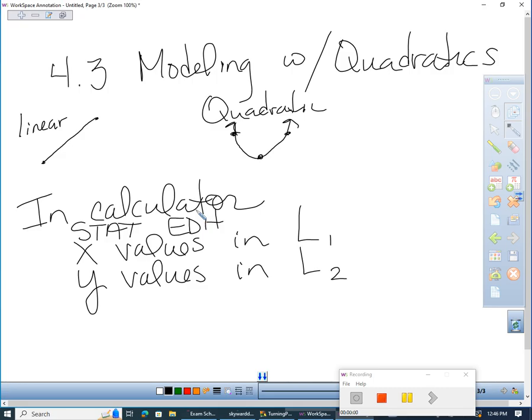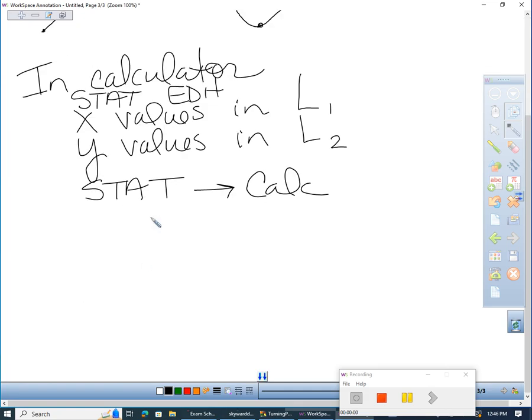Now that we're back on the same page, first we're going to put our x values in list 1, just like we did before, and our y values in list 2. Then we're going to go back into Stat, over to Calculate. This time, however, we're going to go down to Quad Reg.